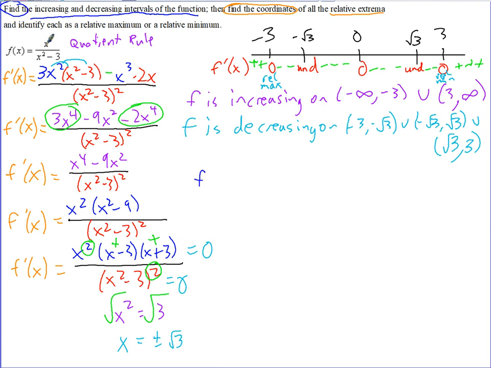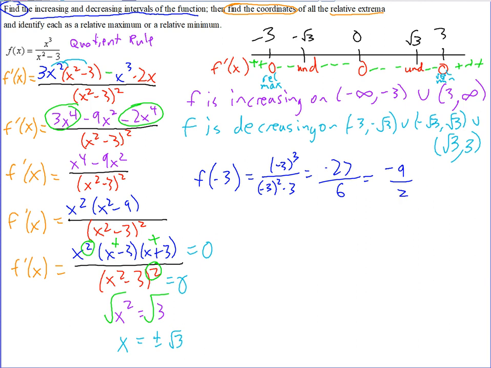on the y coordinate, we have the x coordinate, back to the original equation. So f of negative 3 divided by negative 3 squared minus 3. Negative 3 cubed is negative 27 over negative 3 squared is 9 minus 3 gives you 6. Divide by 3 reduces to negative 9 over 2.